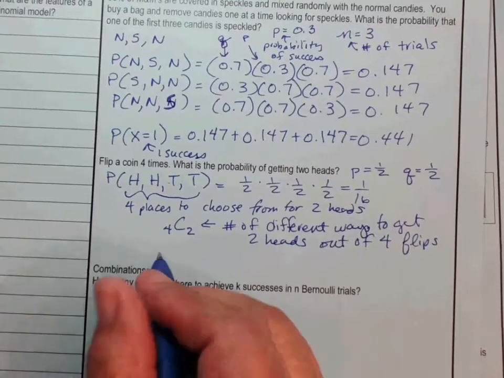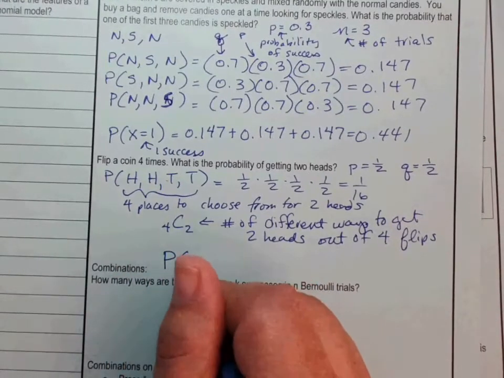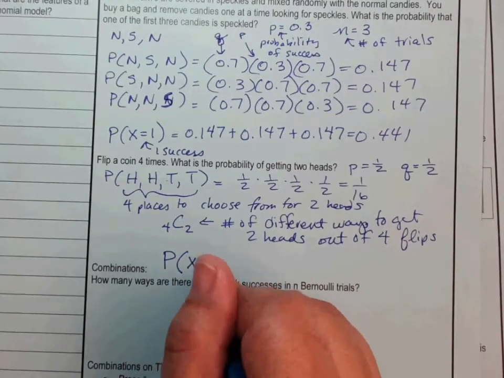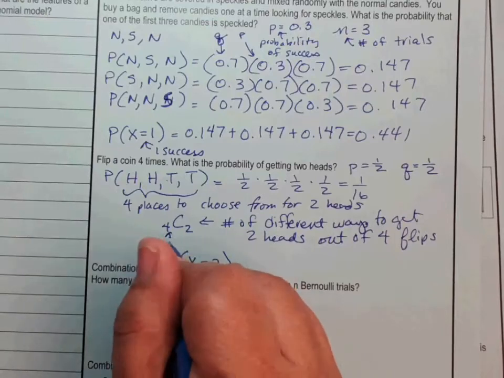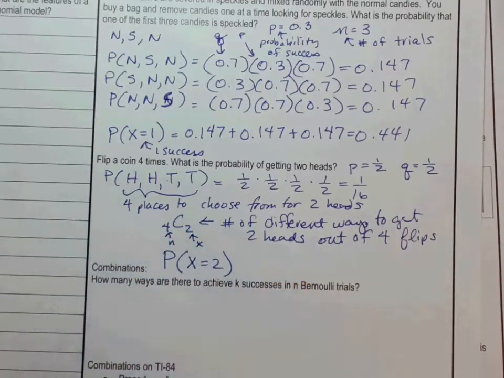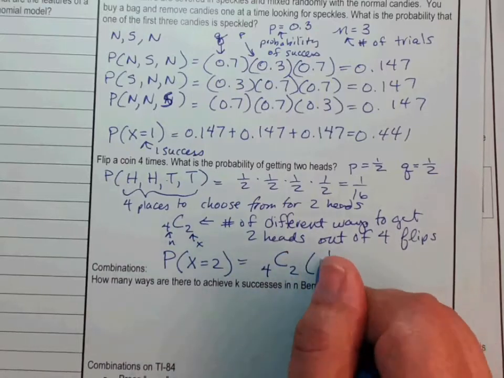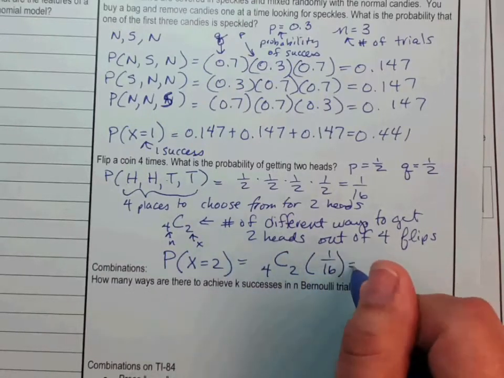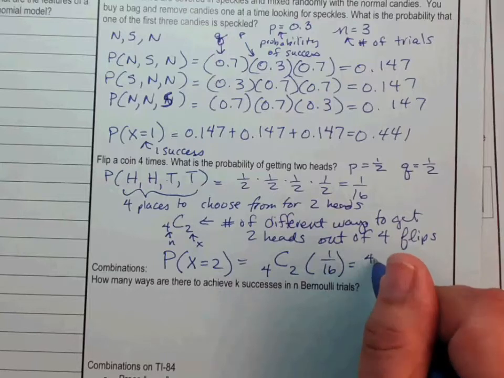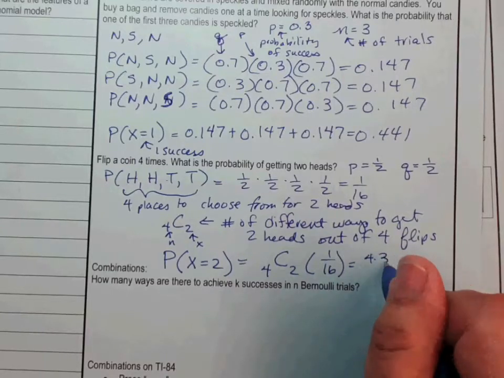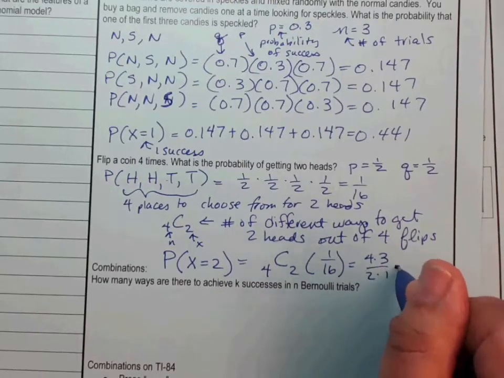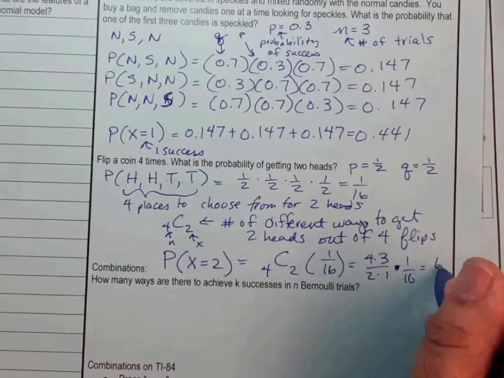So my shortcut now is the probability that X is 2, that's N, that's X, is just 4C2 times 1/16. And I could calculate it. I'll do my shortcut. It's 4 times 3 over 2 times 1 times 1/16, which is 6/16.